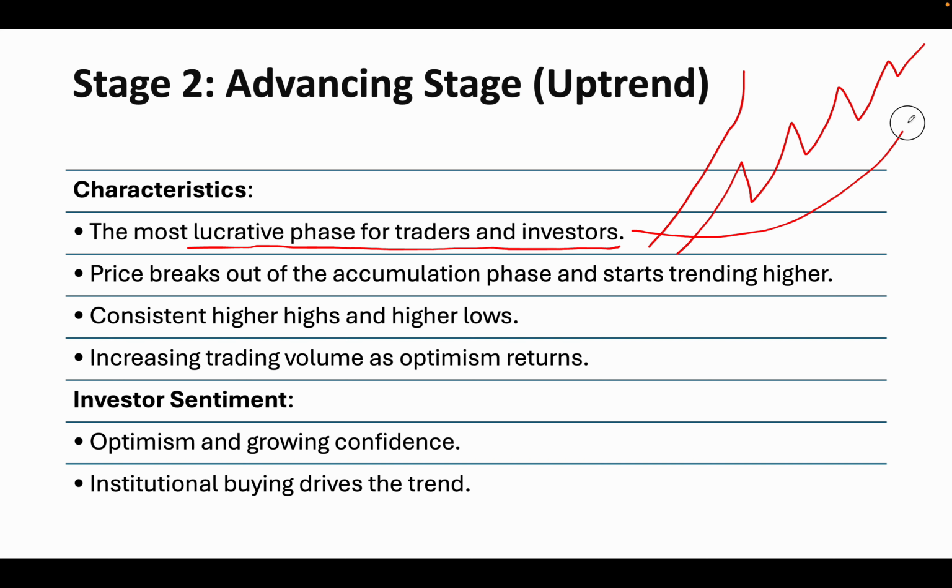Obviously the moving average is below, this is the 30-week moving average, and the price has already broken out from the accumulation phase. So it has broken out and it is trading higher and higher. So there are consistent higher highs and higher lows.